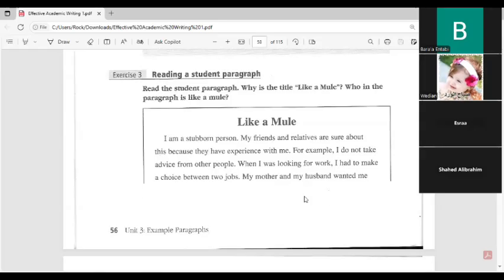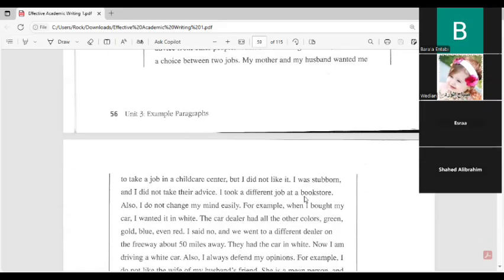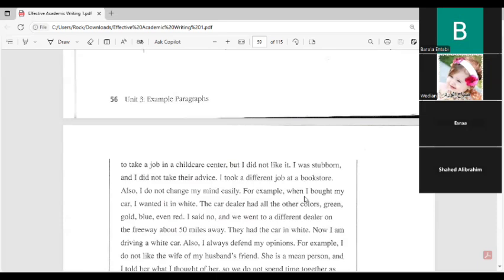My mother and my husband wanted me to take a job in a child care center, but I did not like it.